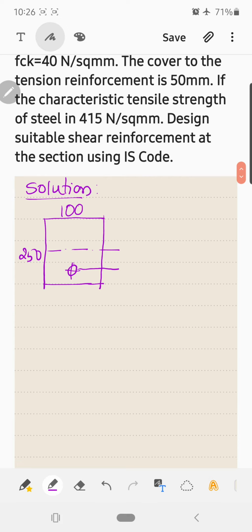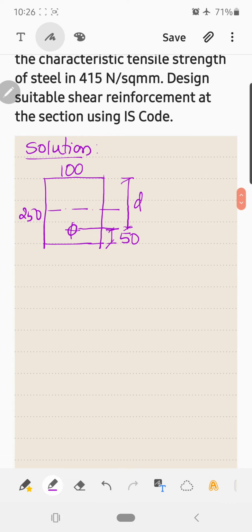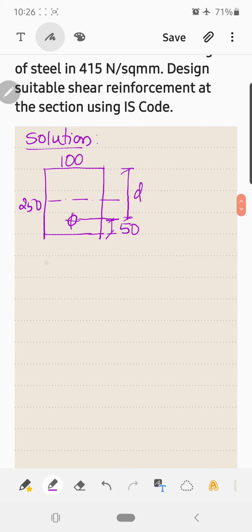The cover to the tension reinforcement is mentioned. Let us take that as an effective cover only. So this is 50, and this is the effective depth d. Therefore the effective depth d is 250, total 250 minus the cover 50. So effective depth is 200 mm.